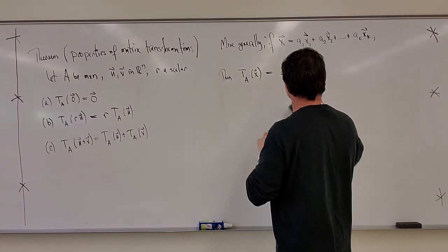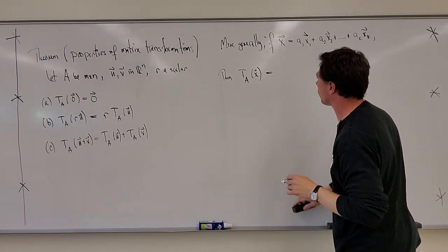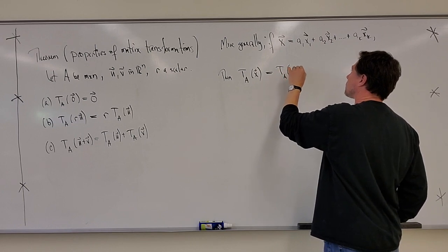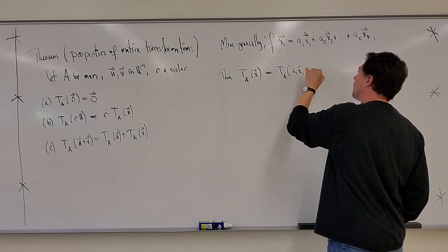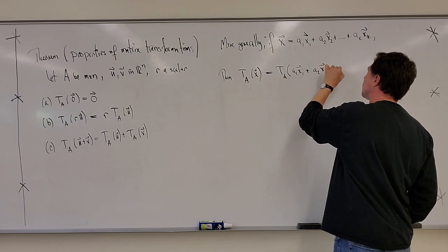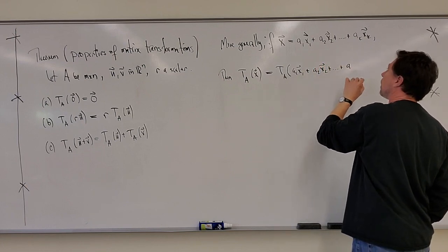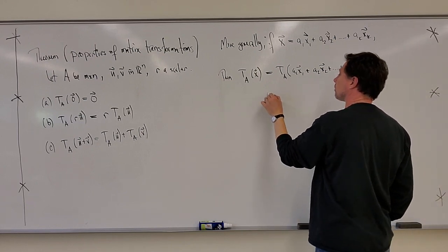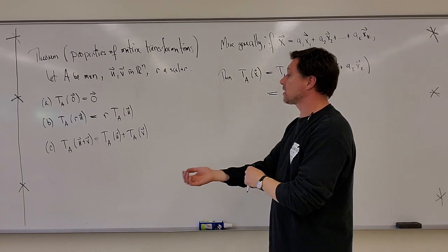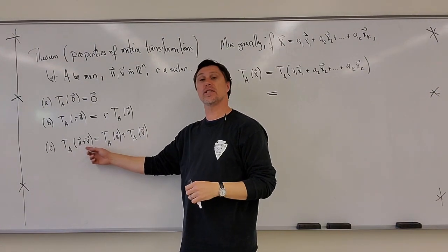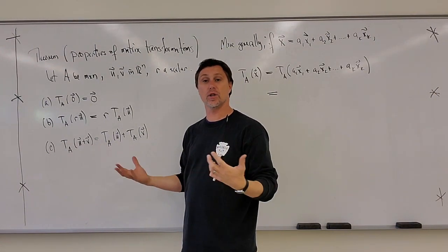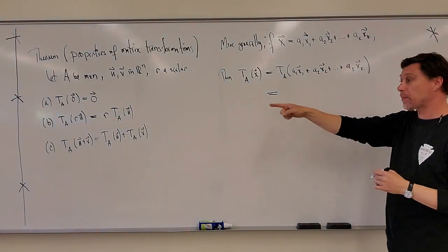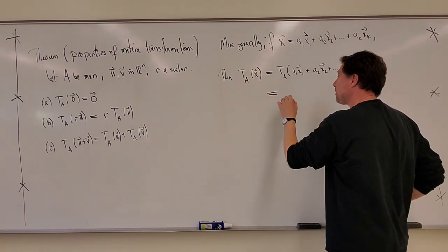You know what? In fact, I want to write out the steps of how this goes, just so you can see it. This is important. So this would be T sub A of a1x1 plus a2x2 plus dot dot dot plus a sub k x sub k. Okay, now what does property C tell us? It tells us that you can split up an addition into two pieces. Well, if we're adding k different ones, property C tells us we can split that up into k pieces.